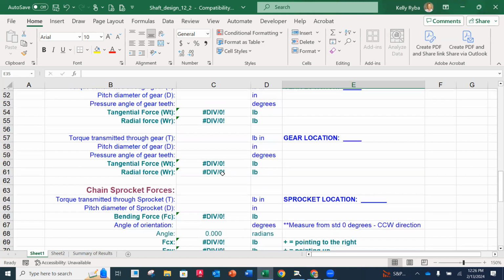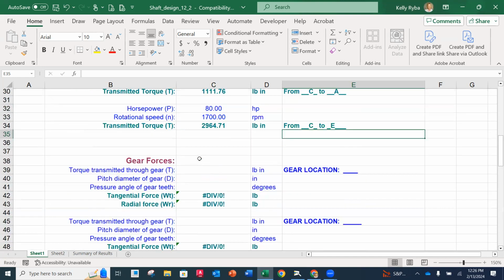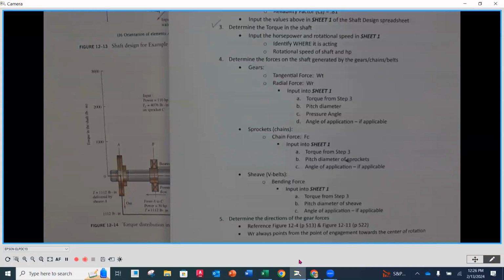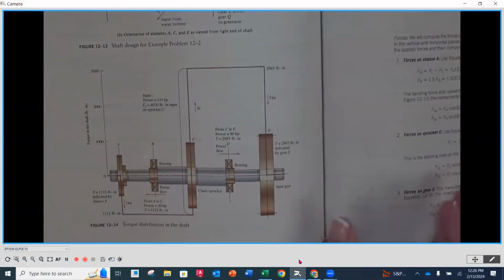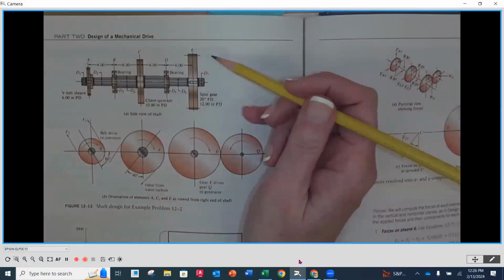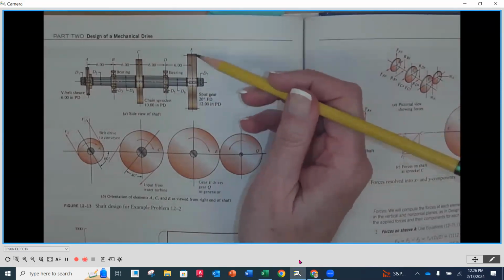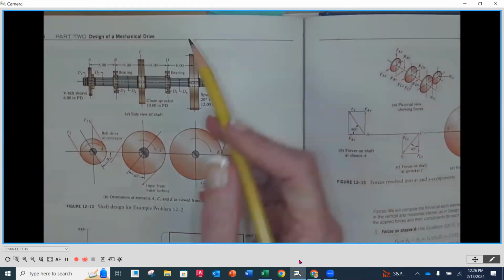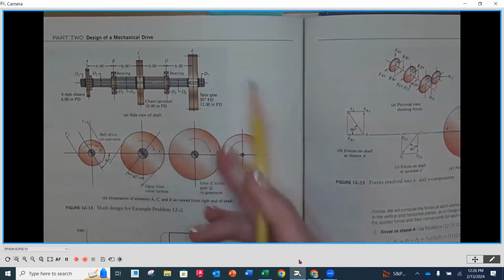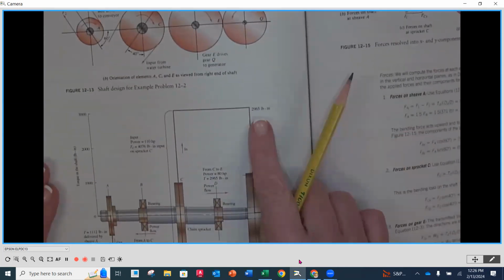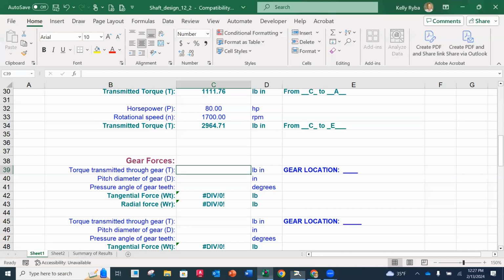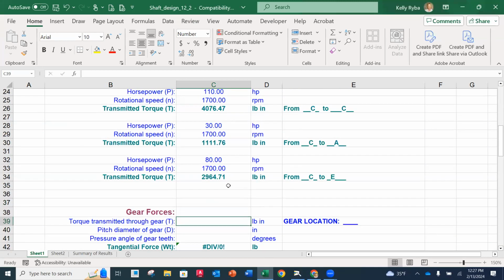Okay. So let's start where we're normally used to. Let's do the gear forces. So the gear forces, it's asking us to put our torque in first. So we need to go back and look at where the gear is. The gear is point E here. And point E, we know from C to E, is going to be the 2965.